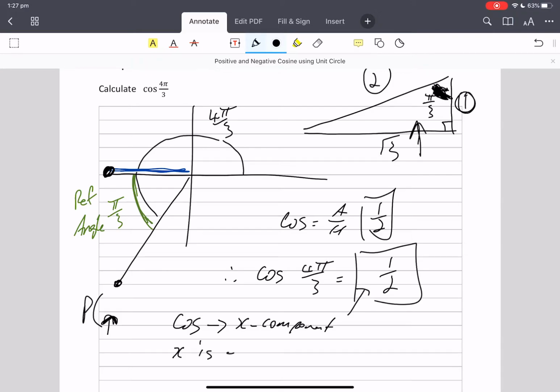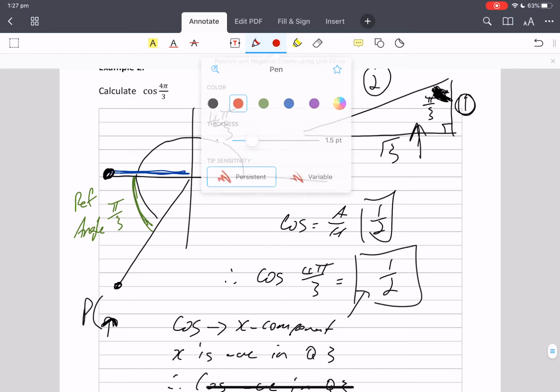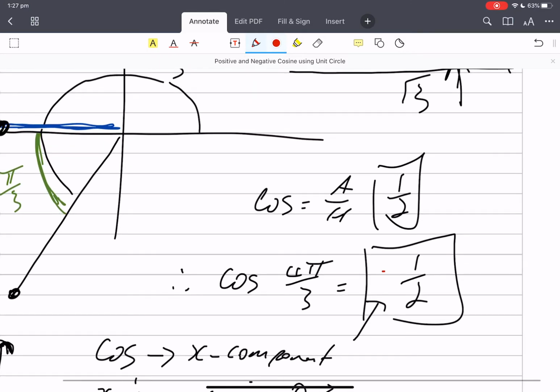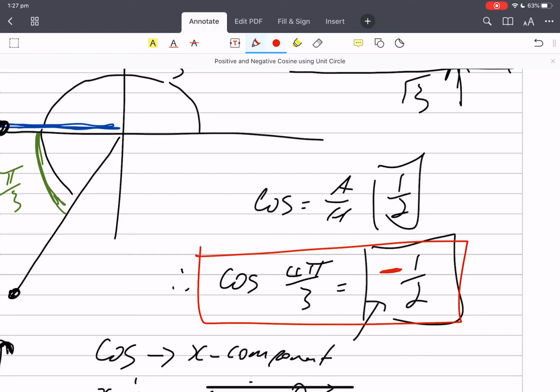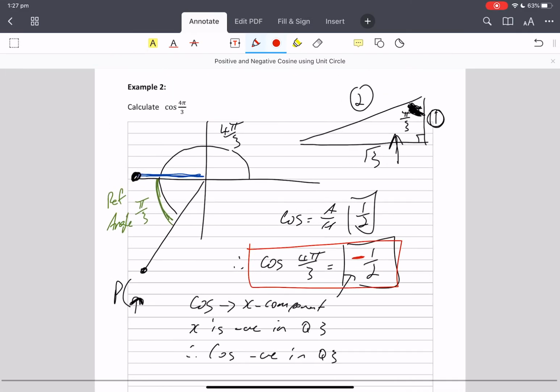X is negative in quadrant 3. Therefore, cos is negative in quadrant 3. So guess what? I put a negative there. So what's cos 4 pi on 3? Negative a half. Okay, that's great. Get going, do some practice.